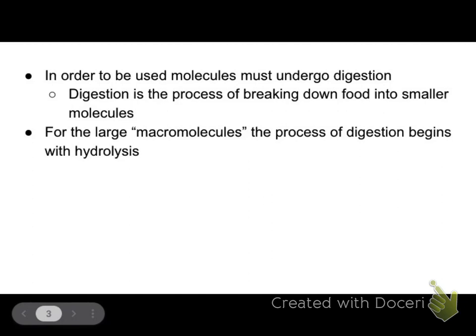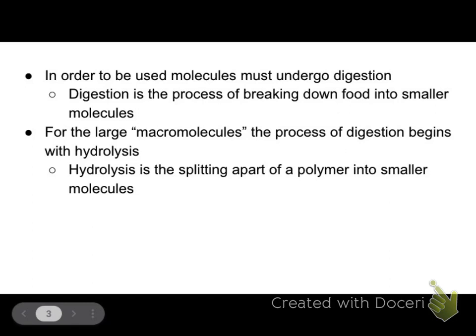For the large macromolecules, the process of digestion begins with a separate process that's called hydrolysis. Hydrolysis is the splitting apart of a polymer into smaller molecules. So we talked about how all of those macromolecules, carbohydrates, lipids, and proteins, are all polymers, meaning they are made up of lots of little subunits chained together like train cars on a train.